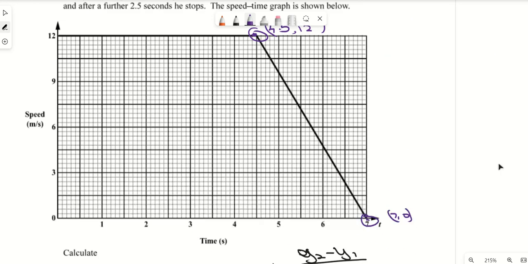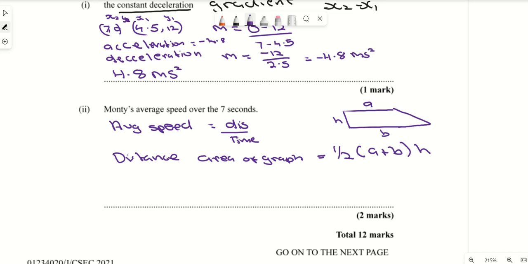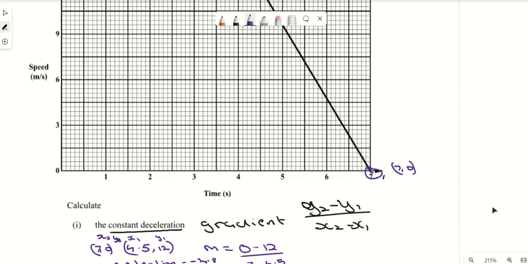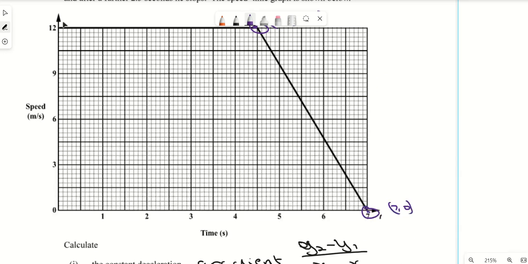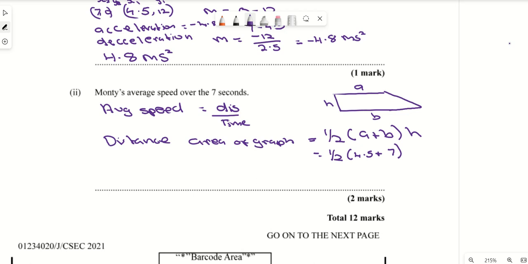What is A? The distance from here to here is 4.5. So this is equal to a half by (4.5 plus B, which is this distance here, 7) and my height is this distance from here to here, which is 12. You put this exact same thing in your calculator, and for the area of a trapezium you're going to get 69 meters.